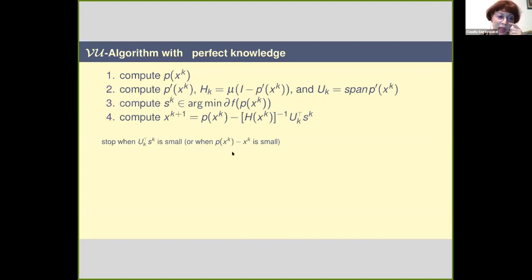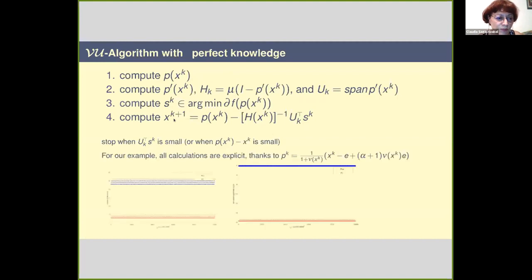We stop when the norm of the U move is small enough, or when the prox is sufficiently close to the iterate, because then it means that we are close to the optimum. And then, implementing these calculations for this function with perfect knowledge, I got this fantastic performance.